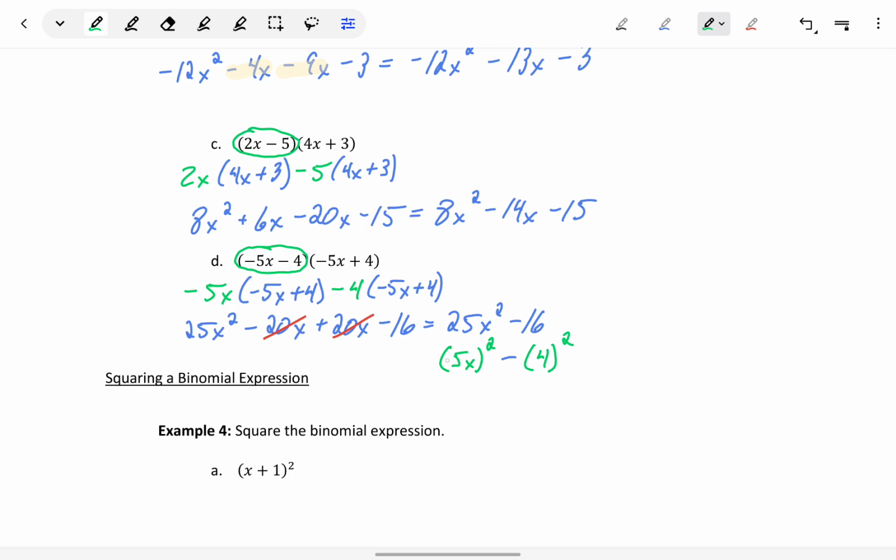Or if we were a little bit more specific, this first one is the same thing as negative 5x squared. So it's just an interesting pattern that we can pick up on, and we'll call back on later.